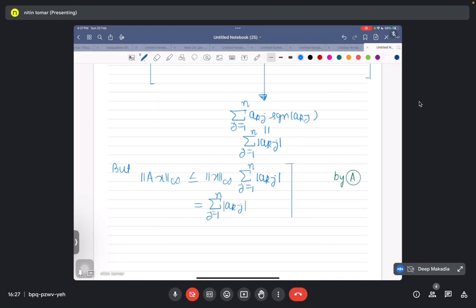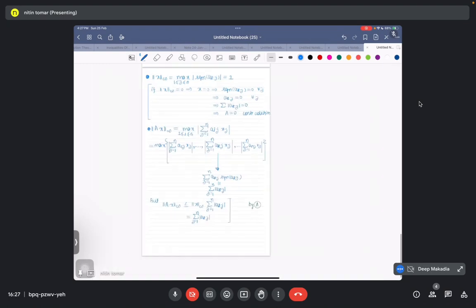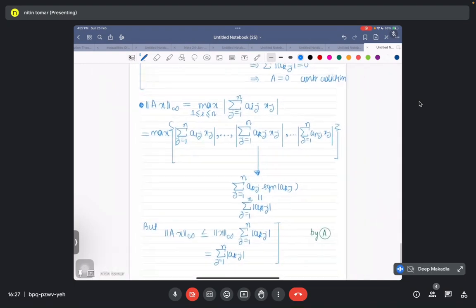So this is one thing. Now you tell me, when we were computing norm x infinity, one of the members is summation mod akj, correct? But norm x infinity is also less than or equal to summation mod akj. So they have to be equal, right? Upper bound is there in the set over which maximum is taken. You see, this is an upper bound, right?